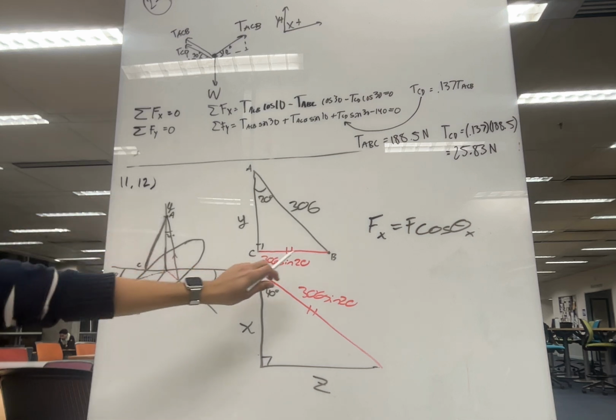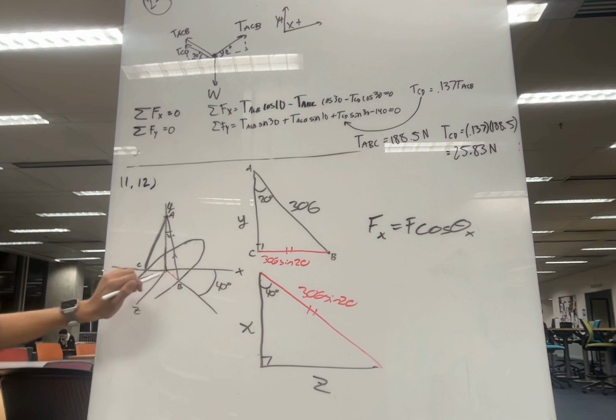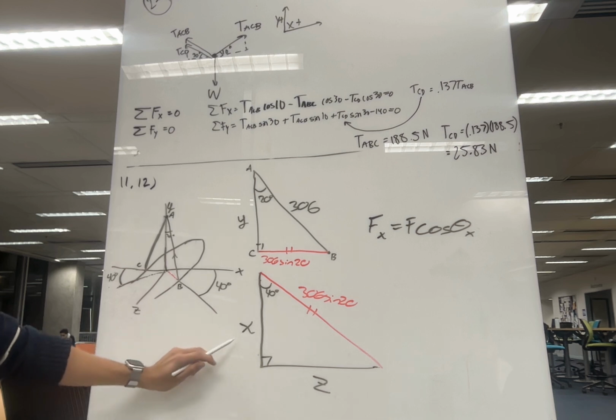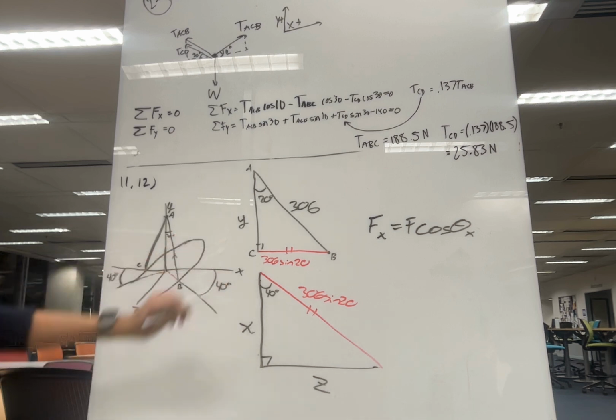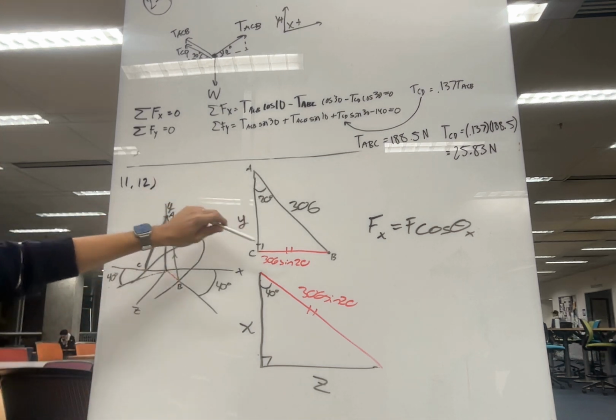And then this side, this sine component of that triangle, is going to be equivalent to right here, which is going to be a triangle right here. And that's how you get your X, Y, and Z components. And then from there, you can just use the components to figure out the forces.